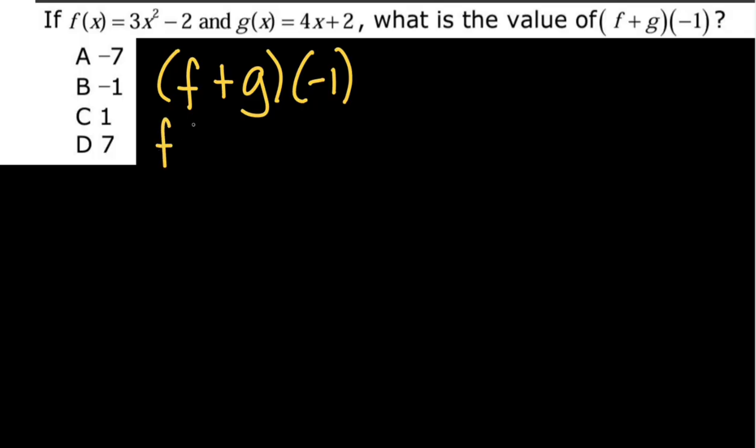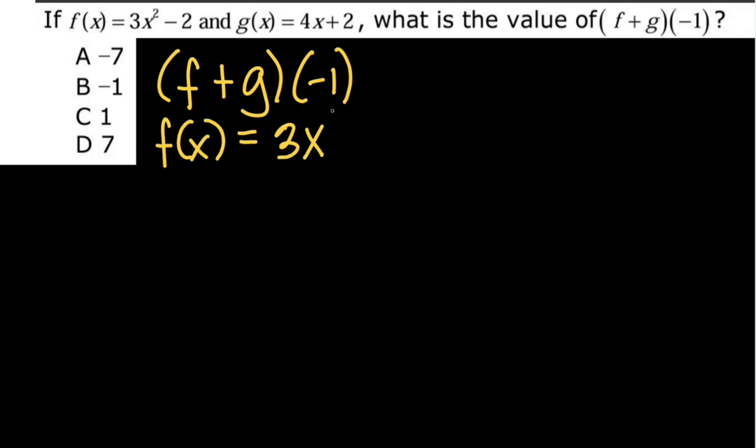If f of x is equal to 3x squared minus 2 and g of x is equal to 4x plus 2, what is the value of f plus g of negative 1? So we're given here the two functions f of x and g of x.